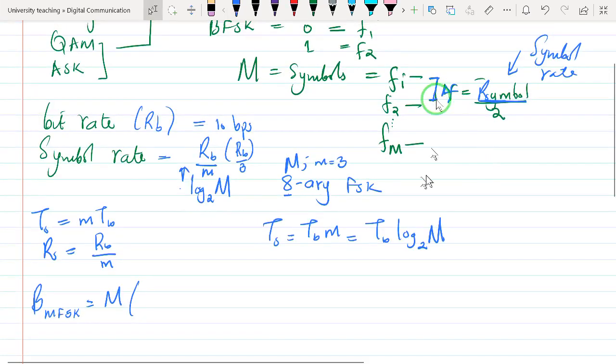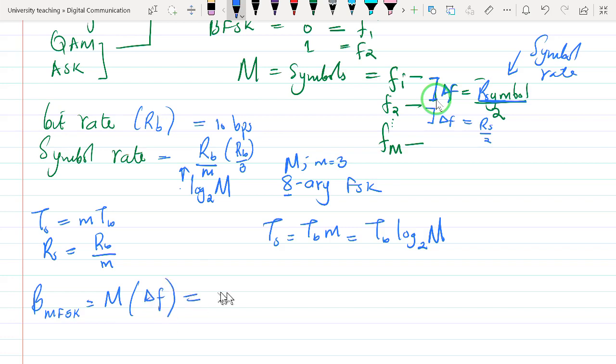So if we have M symbols and each of them is separated by delta F, and delta F is given by RS over 2, then we need to have M such frequency differences, delta F, for us to set the entire M symbols.